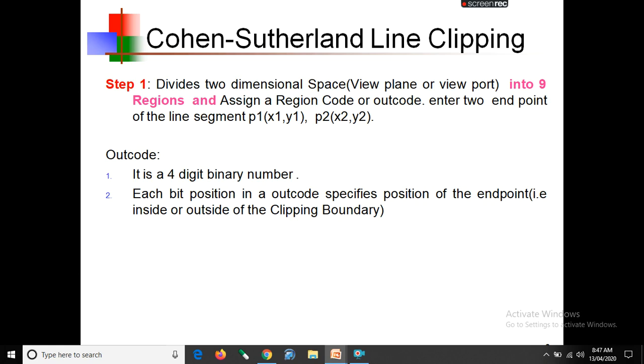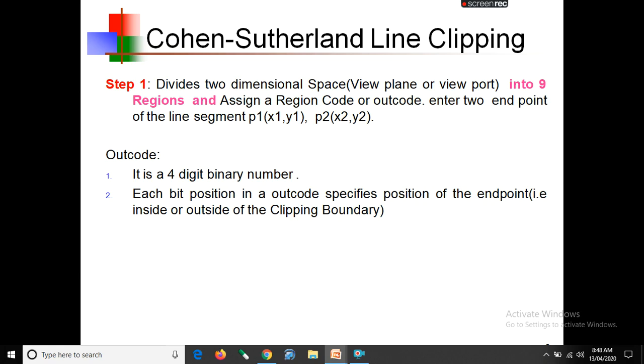Then we know the two endpoints of the line segment. Then the question is, what is the meaning of out code, or how do we prepare the region code for each region of the two-dimensional plane? Out code is a 4-digit binary number. Each bit position in the out code represents the position of the endpoint.